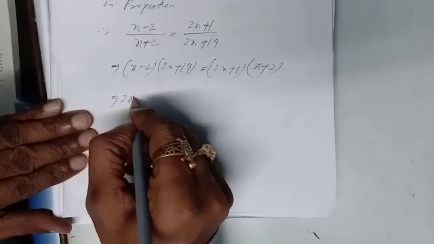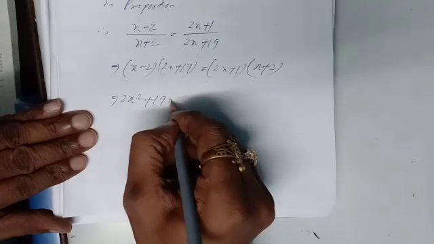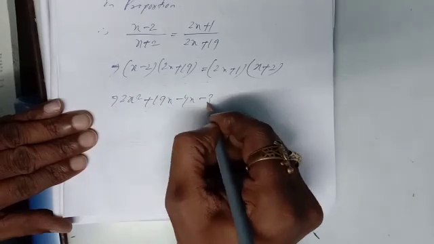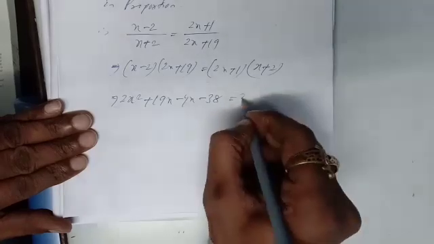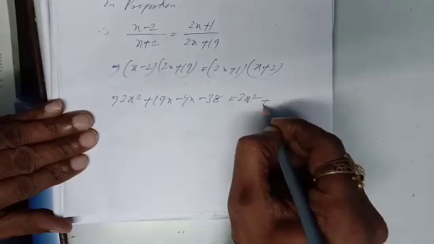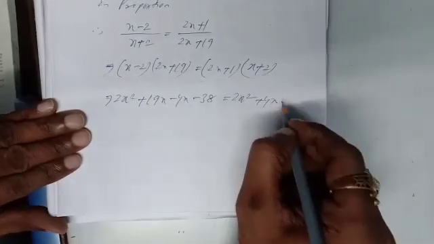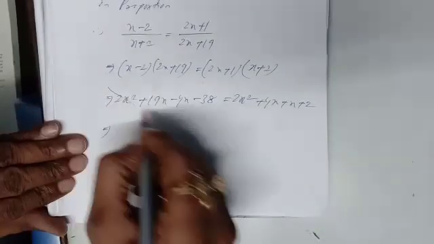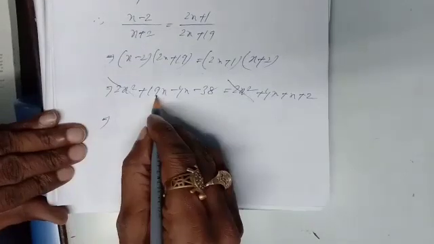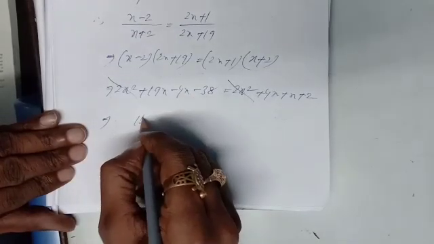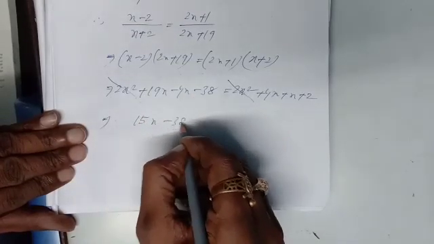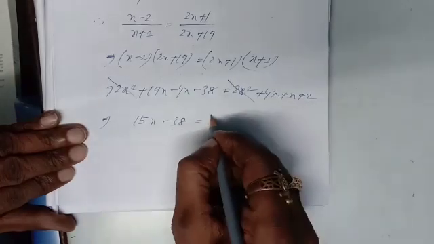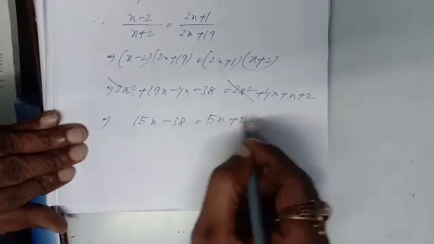It will be 2x square plus 19x minus 4x minus 38 is equal to 2x square plus 4x, just normal opening the bracket, plus x and plus 2. Now this 2x square will cancel out. 19x minus 4x, that will be 15x minus 38, and this side 4x plus x, that is 5x plus 2.